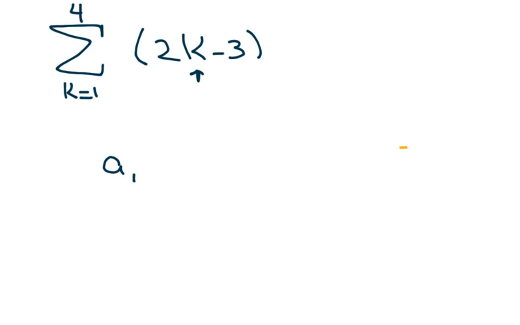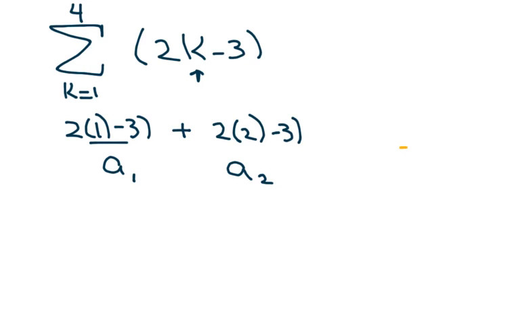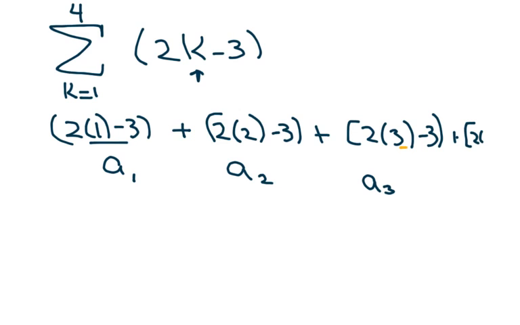Our first term will be 2 times 1 minus 3, plus a sub 2, you're plugging in 2 for k, so you get 2 times 2 minus 3, plus your third term, which is going to be 2 times 3 minus 3, plus your fourth term would be 2 times 4 minus 3. And that's your fourth term.